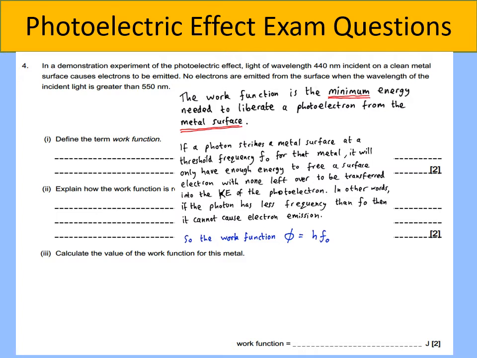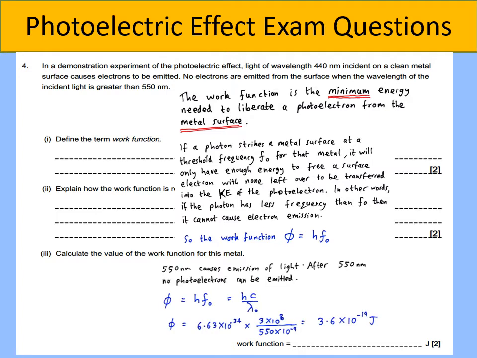So there'll be no kinetic energy of the photoelectron. In other words, if the photon has less frequency than the threshold frequency f0, then it cannot cause electron emission. So we can simplify the photoelectric equation, and we can say that the work function phi is simply equal to hf0.